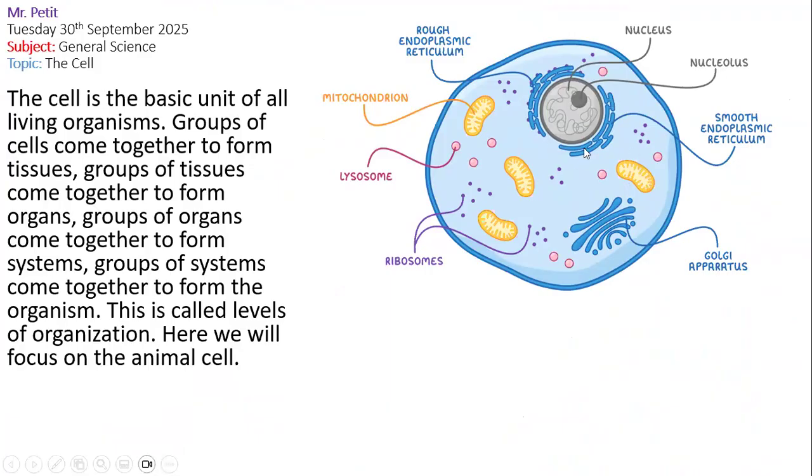So these are like transporting tunnels, if you must. The Golgi apparatus also helps with transporting, storing, and packaging. Mitochondria is the powerhouse of the cell, gives it the energy it needs.